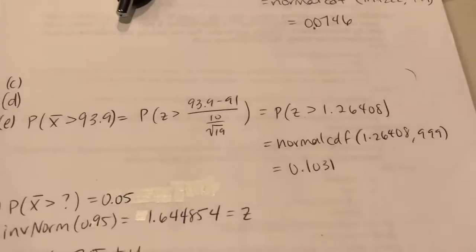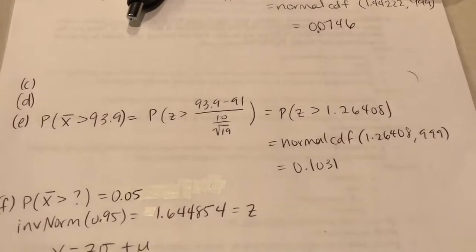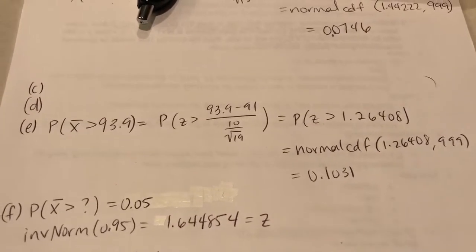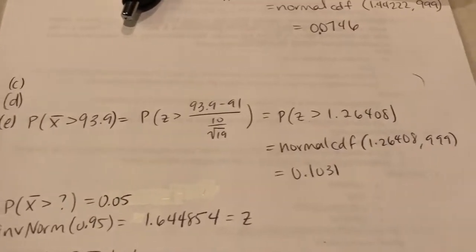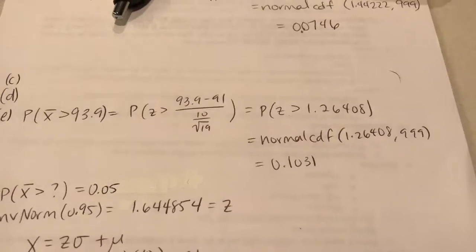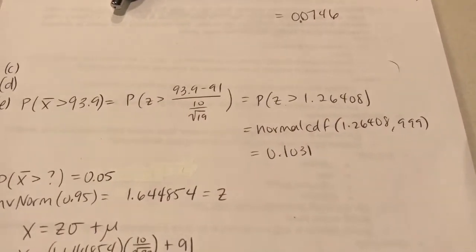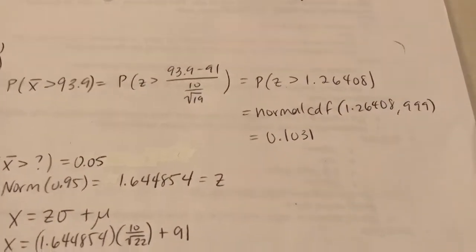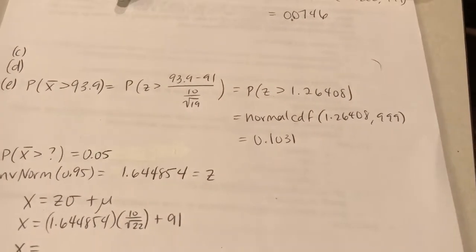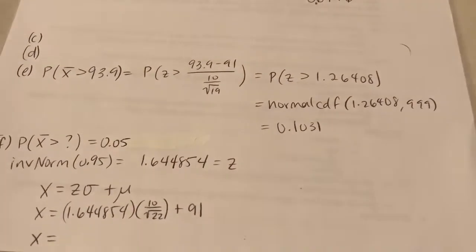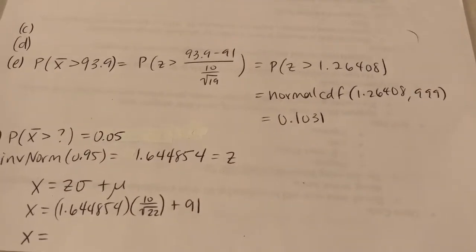So we change that to a z using the sample mean 91 and the sample standard deviation 10 over the square root of 19, which gives us a z-score of 1.26408. When we do normal CDF to get the area under the curve bigger than that value, we get 0.1031.